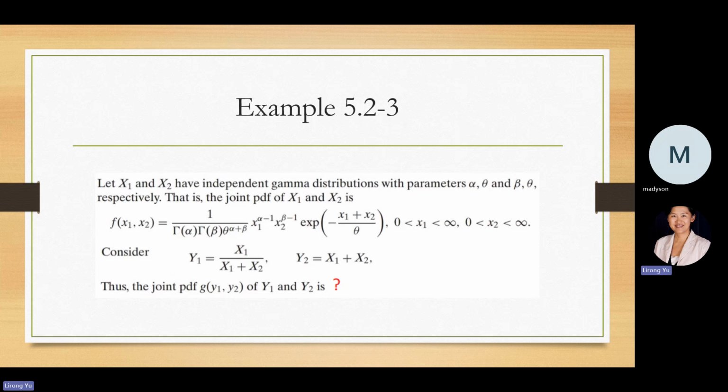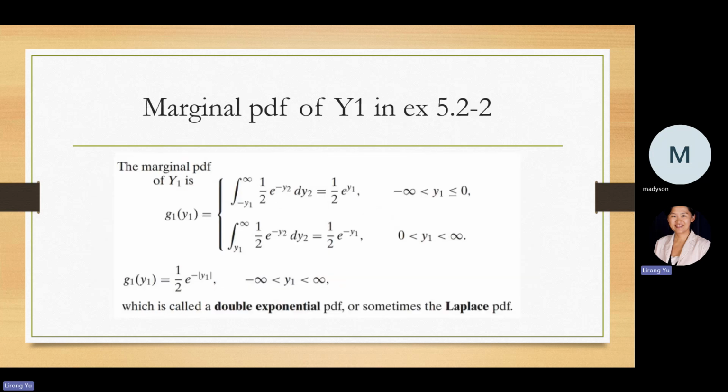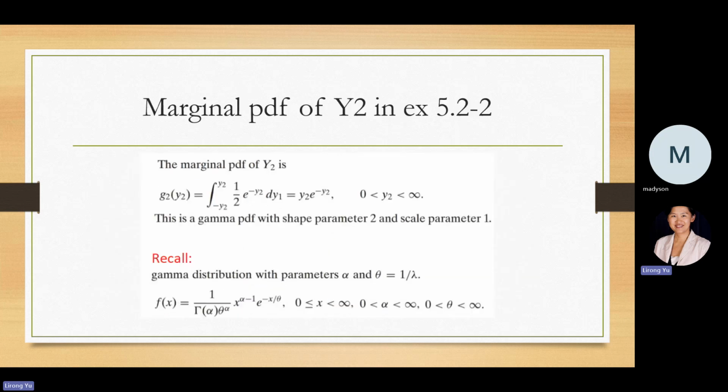All right, the joint distribution. If they are independent, their joint distribution will be a multiplication. So we're multiplying two gamma distributions. It helps to have that review already in here. A gamma density function has a gamma of alpha.